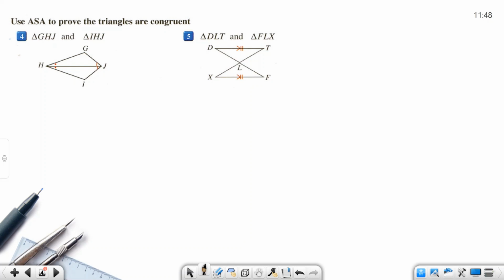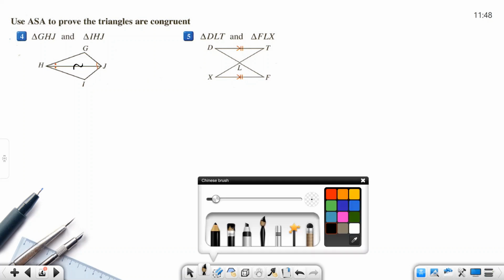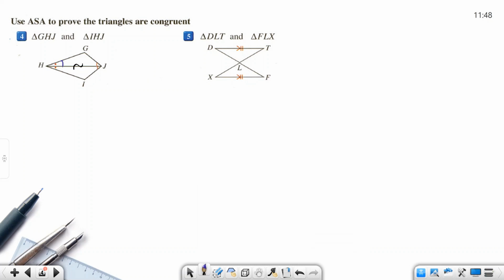Okay, another question. It says prove angle side angle. This is the easy one. As you see, this is the common side, and these two angles are already given in the question. You just need to write this one. Angle GHJ, angle GHA is congruent with angle IHJ.